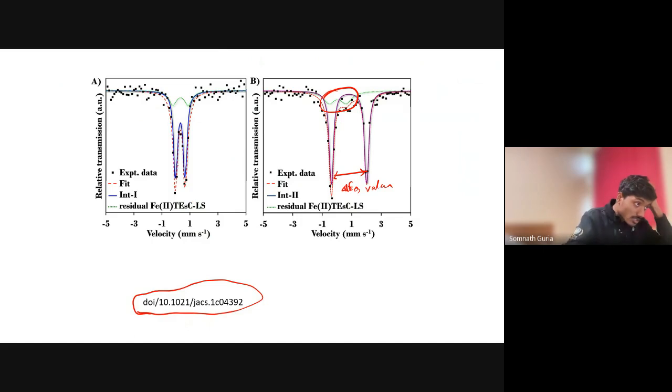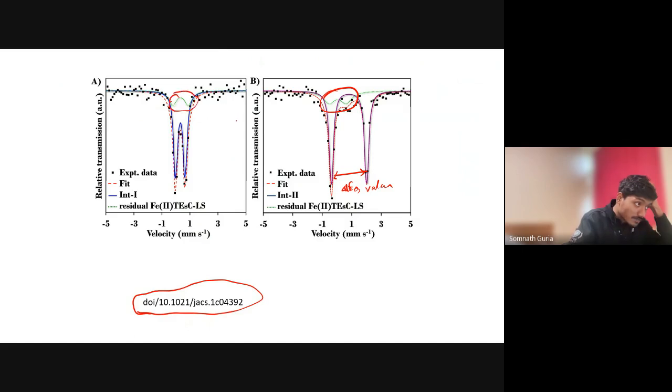And this is the iron 3 which binds with the carbon dioxide, and it has some residual iron 2 over here, which is given by this dotted line. This dotted line is the residual.